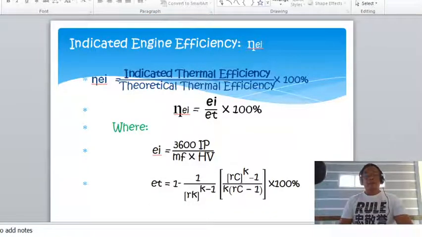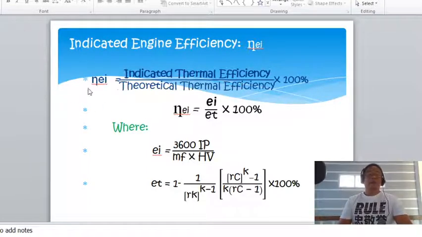Okay, so let us now proceed to indicated engine efficiency. So where this NEI is equal now to indicated thermal efficiency divided by the theoretical thermal efficiency. By this time, the denominator here is constant. Okay?